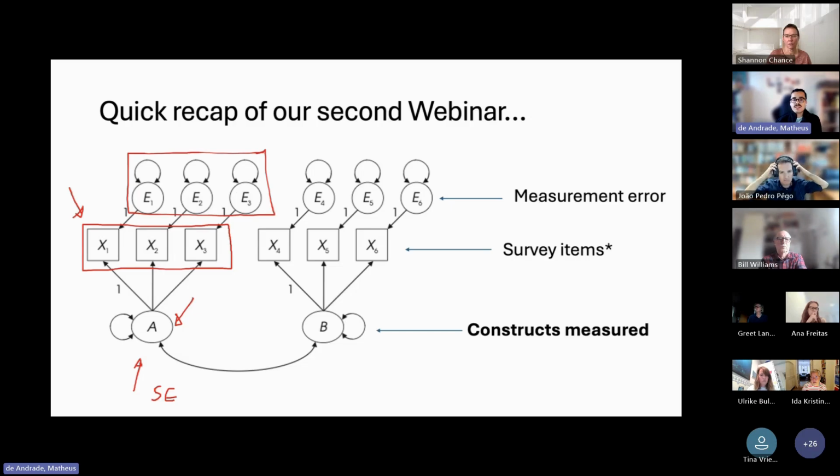But I think the most important message of the second webinar is that we need to look at measurement, validity, and reliability. Because if you're not measuring what you think you are measuring, there is no way that your fire alarm is going to go off. Maybe your fire alarm is measuring perfume, so it's not going to go off when there are high levels of carbon dioxide.